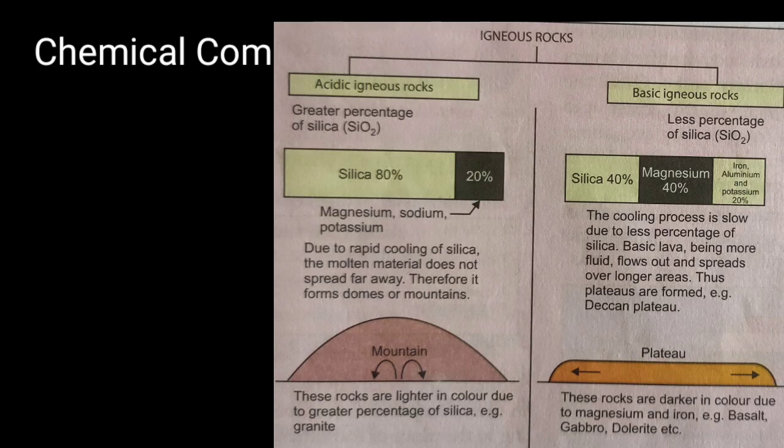Now the acidic igneous rock has a greater percentage of silica, that is 80% silica and 20% magnesium, sodium, potassium, etc. So acidic rocks contain 80% silica and 20% magnesium, potassium and sodium, whereas basic igneous rocks have a lower percentage of silica, only 40% silica, 40% magnesium, and the rest 20% like iron, aluminum, and potassium.